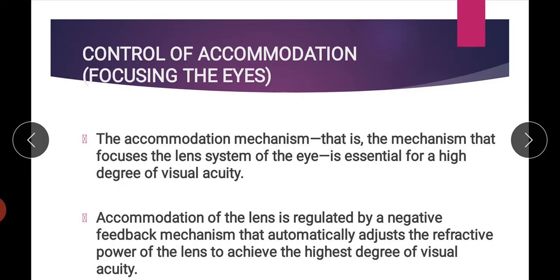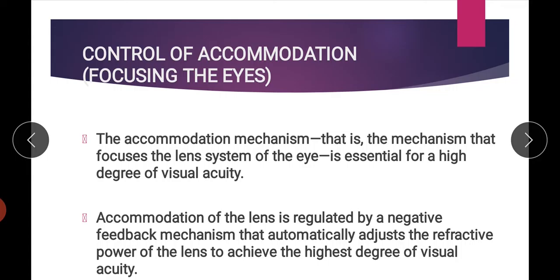Accommodation is the change in the curvature of the lens when we focus on a near object. When we move from a far object to a near object, the curvature of the lens increases. This change in curvature is known as accommodation, to focus the diverging light rays coming from the near object.